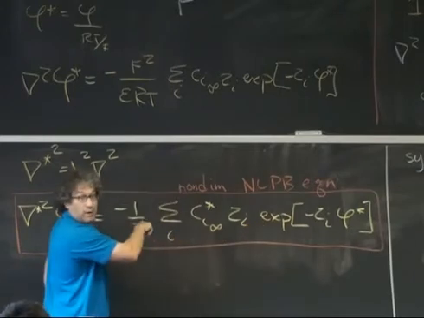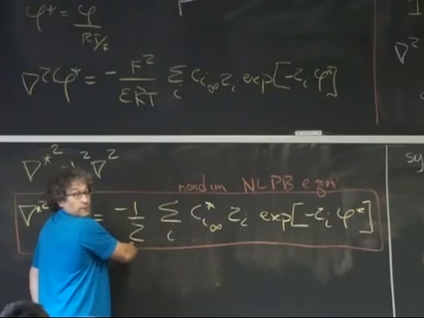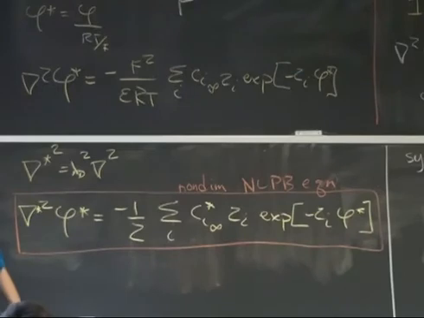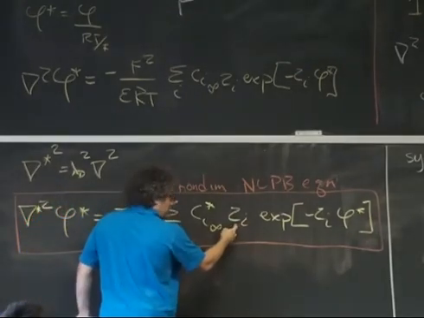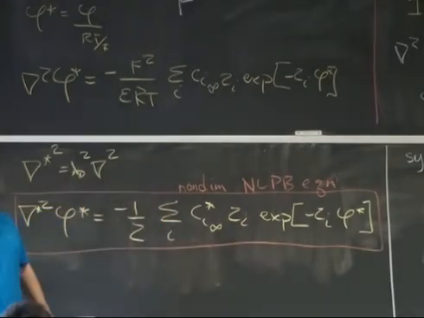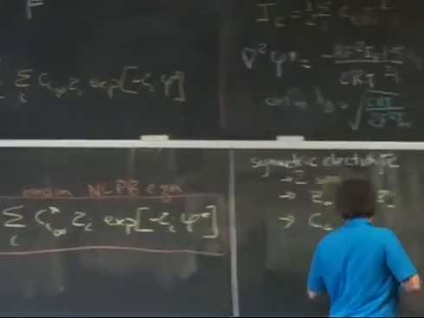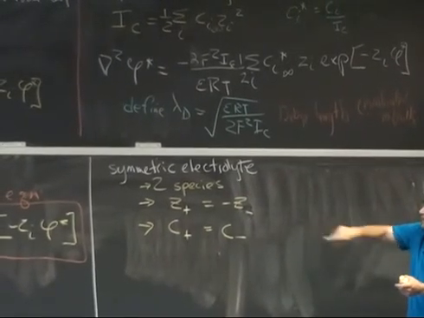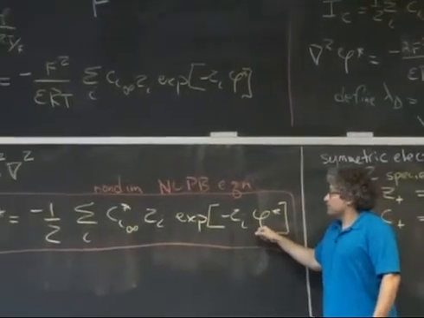I'm going to take the difference between the positive exponential and the negative exponential, and I'm going to divide that by 2. Right, I get a hyperbolic sine. So in this case, my expression that has sum of c times z times exponential minus z_i times phi basically just becomes sinh of z phi.